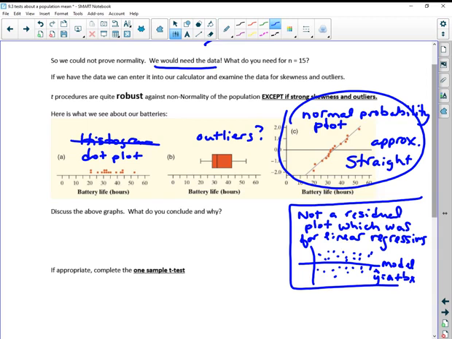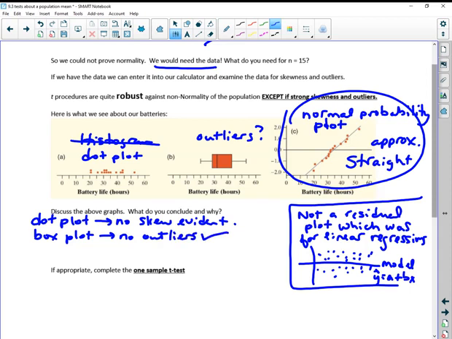So I would say from the dot plot, it's hard to really tell the shape of this. You could almost say it looks uniform, but you have no clear skew going on. So no skew really evident. That's good, that's meeting that. From our box plot, we can see that there are no outliers.